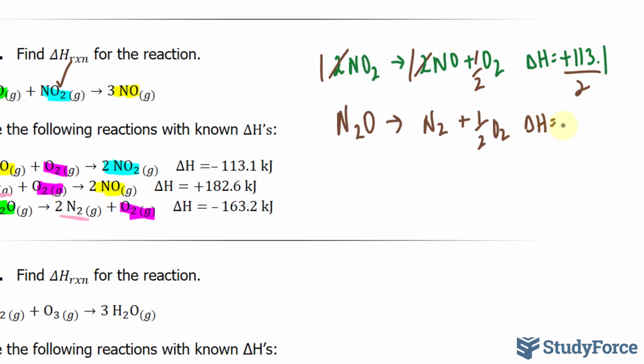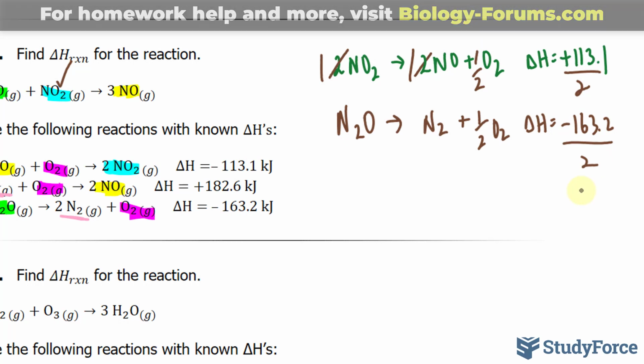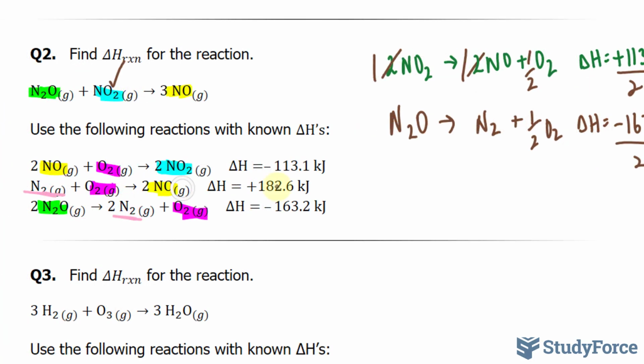Our delta H will be halved. So 163.2 negative divided by 2 gives us our delta H. Now take a look. This is in the right spot, this is in the right spot, and NOs are in the right spot. I'll rewrite this one just for reference sake underneath, and I'll show you how they all cancel out.